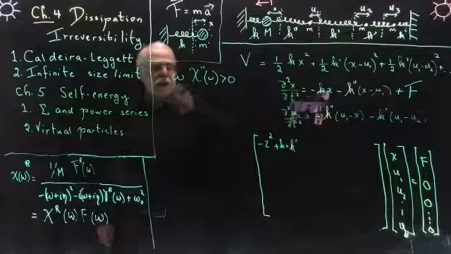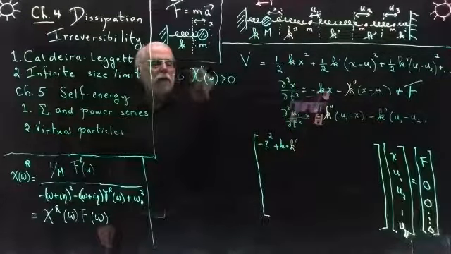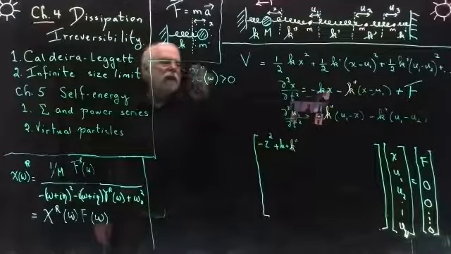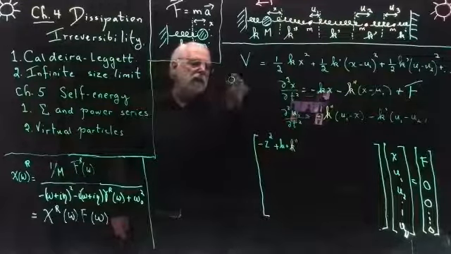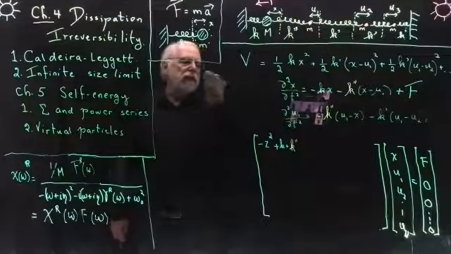Now, the other thing is the fluctuation dissipation theorem, which I will not prove, and is not done correctly in the notes, or at least it's very clumsy in the notes for the classical case.